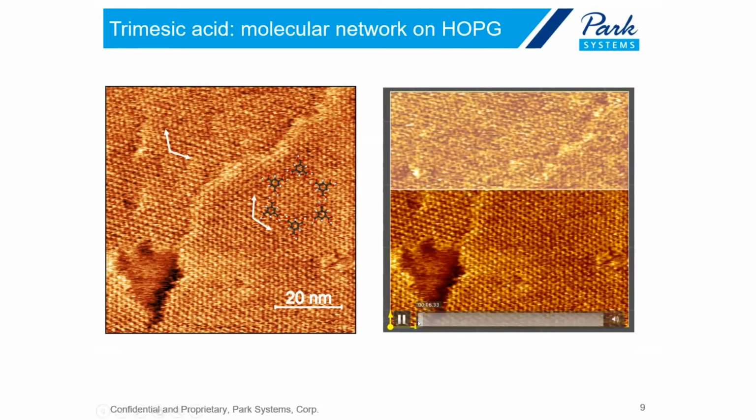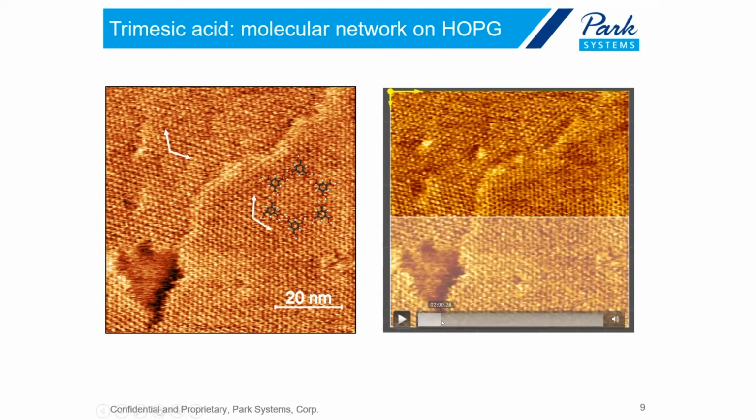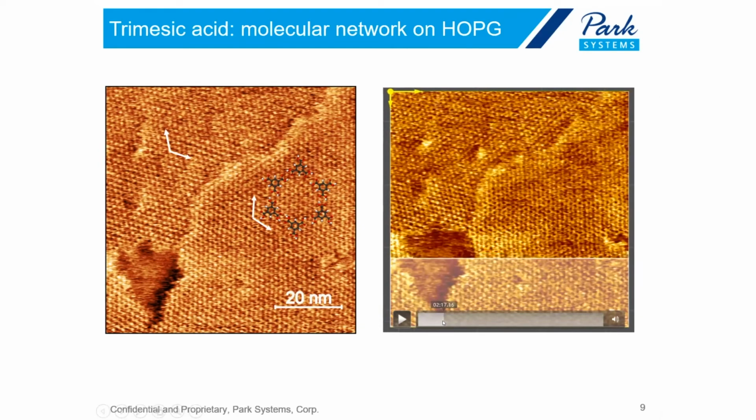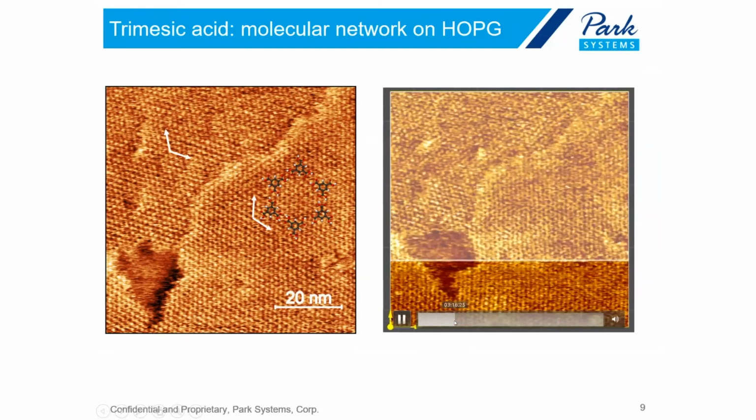So here's the video showing how, I'll fast forward a little bit, how the system changes, how the molecules diffuse, how, for instance, the protrusion in the layer diffuses compared to the previous one. And that is because we're capturing the dynamics of that monolayer.